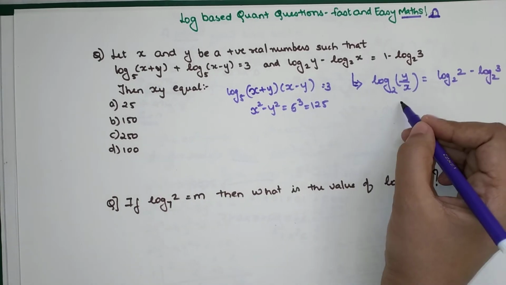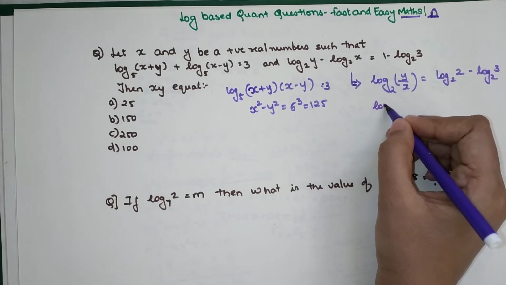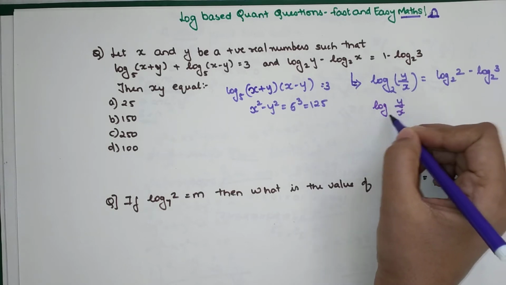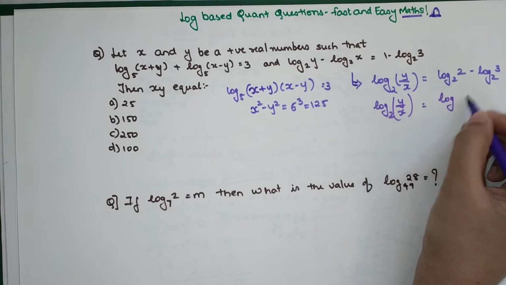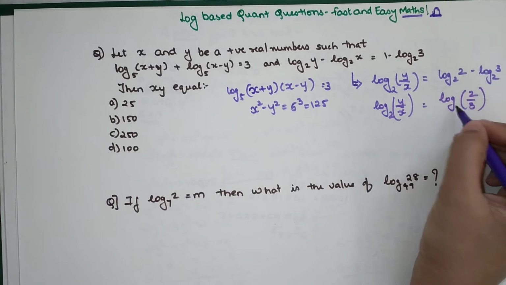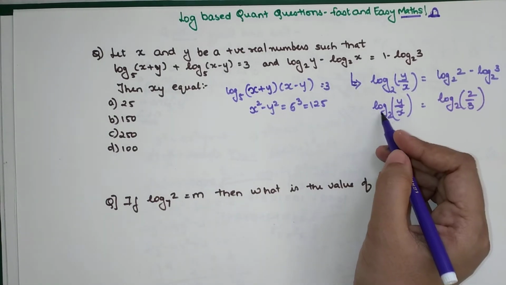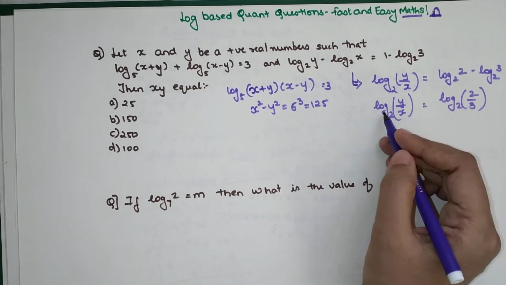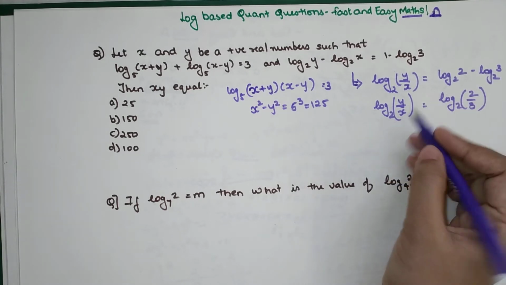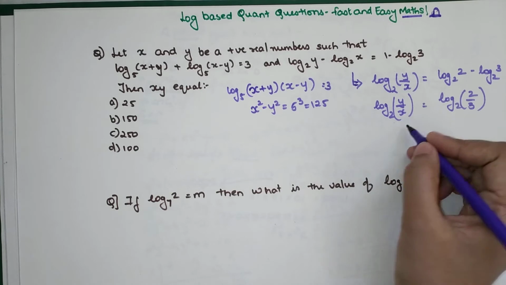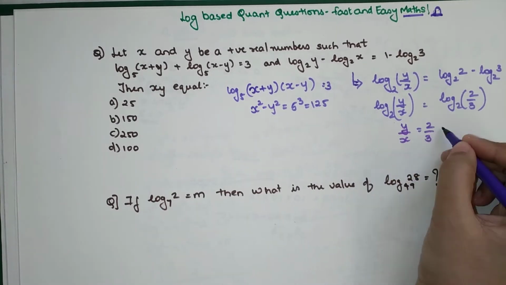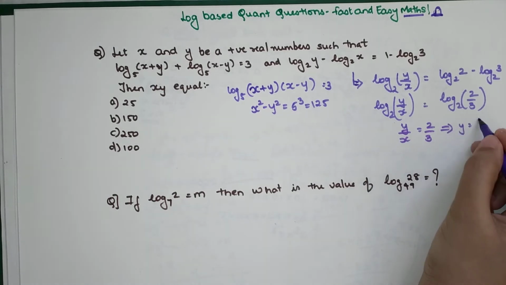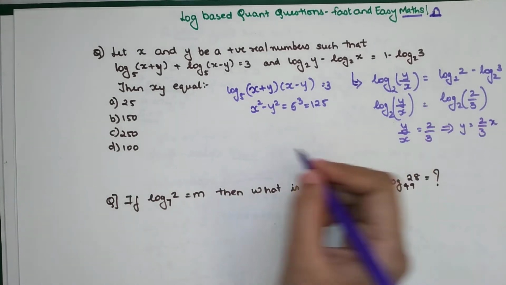Using the same logic, log of y by x to the base 2 is equal to log of 2 by 3 to the base 2. Since we have both logs on either side of the equation with the same base, I can completely remove them. So y by x is equal to 2 by 3, or y is equal to 2 by 3 x.